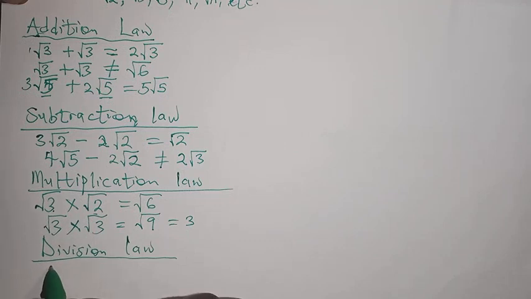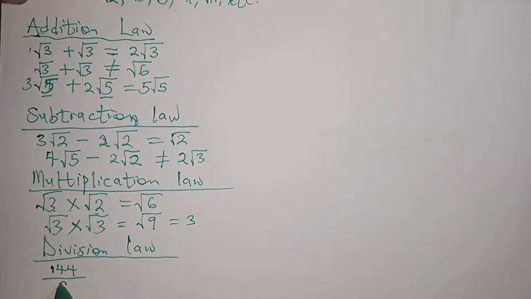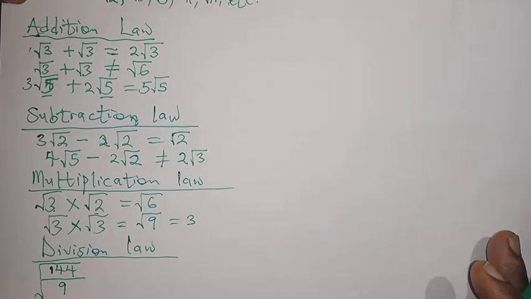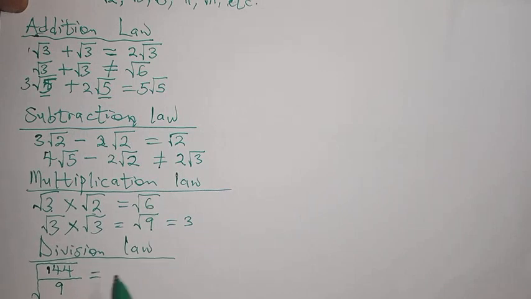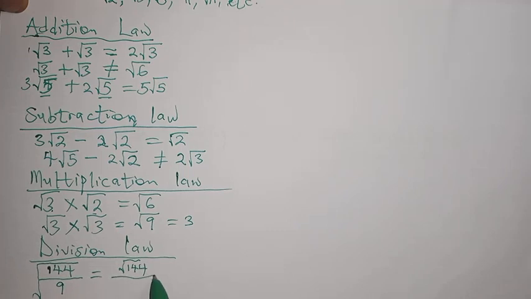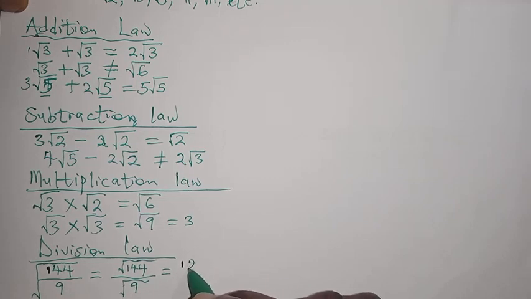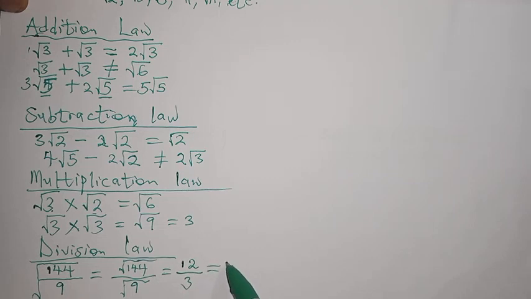Let's say we have root 144 divided by root 9. This is still the same as picking them one after the other. What's root 144? That's 12. And what's root 9? That's 3. So 12 divided by 3 is 4.